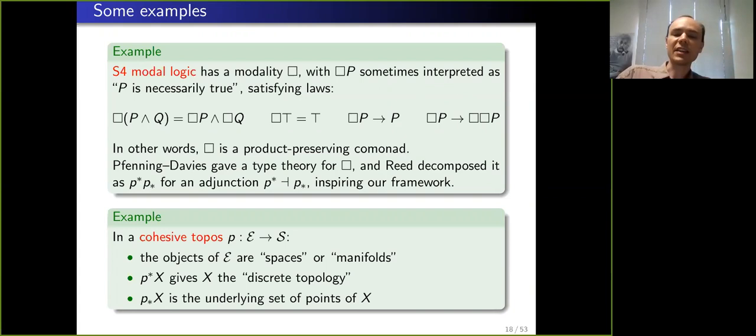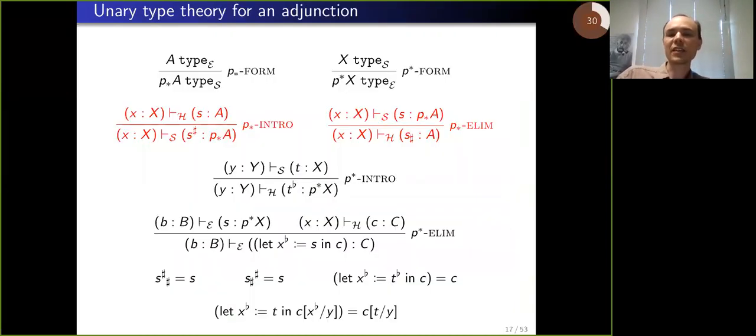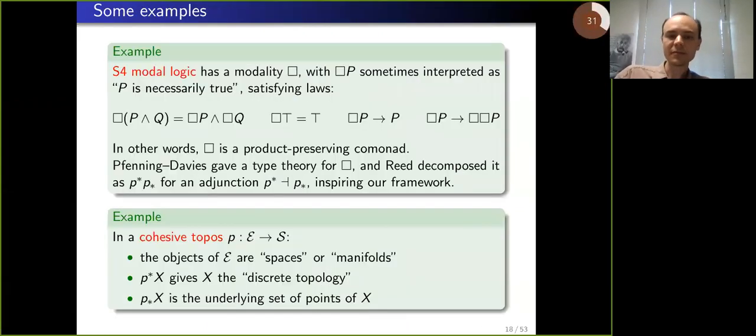And then the objects of E have some sort of topological or space or manifold or cohesive structure. And then the upper star gives something the discrete topology, and the lower star takes the underlying set or the underlying groupoid of points of a topological thing. And then you can look at these rules and reinterpret them in terms of necessity or in terms of discreteness or in terms of any other kind of meaning that you give to your adjunction.